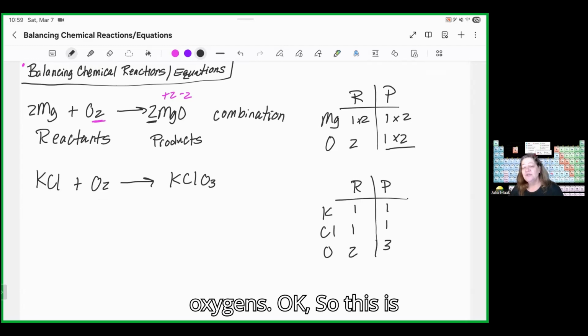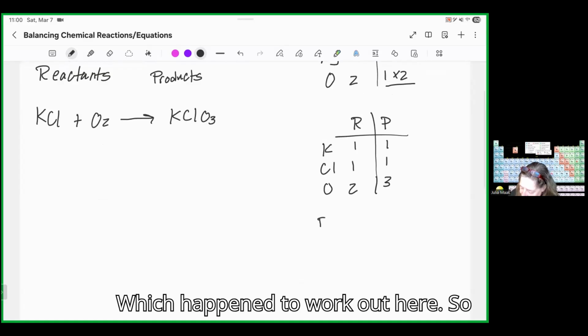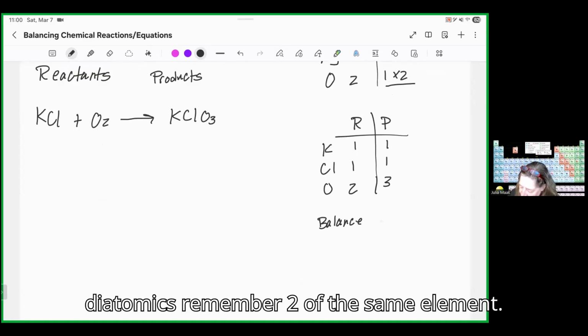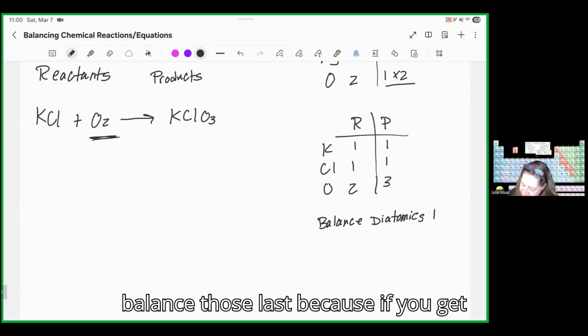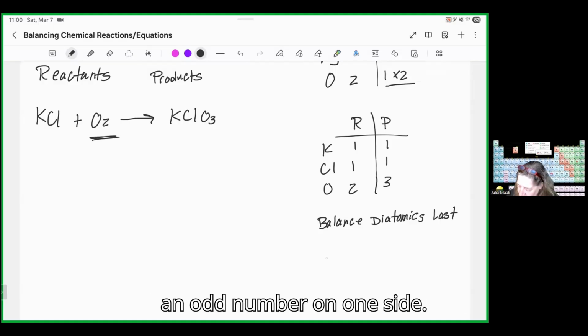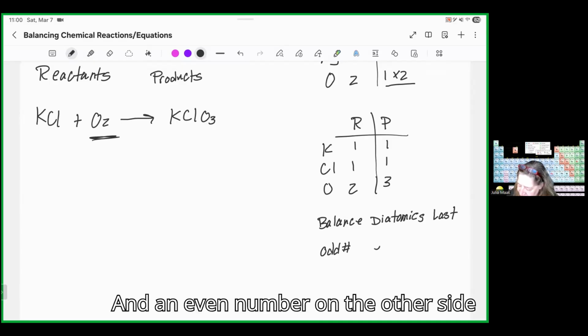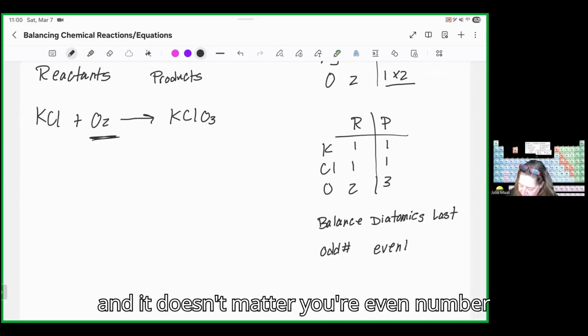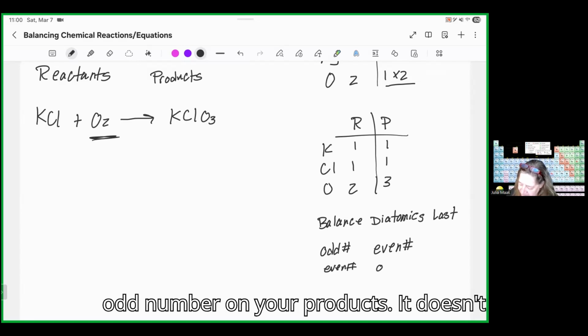This is a trick that we do in chemistry, where we balance diatomics last, which happened to work out here. Diatomics, remember, are two of the same element, so oxygen is a diatomic. We always balance those last, because if you get an odd number on one side and an even number on the other, it doesn't matter which side has which.